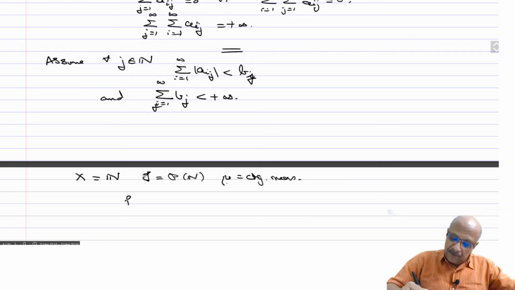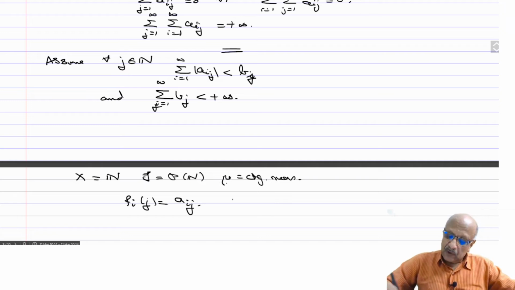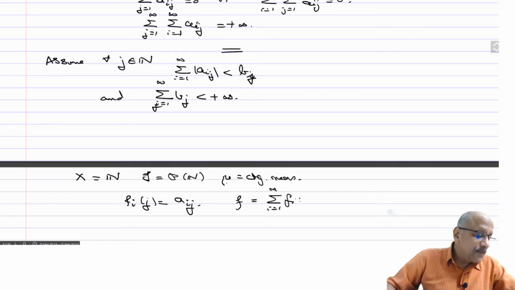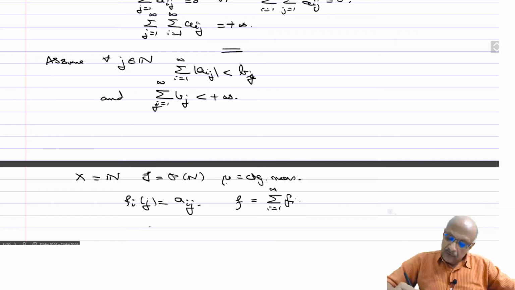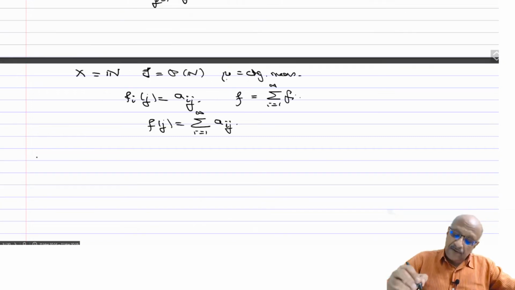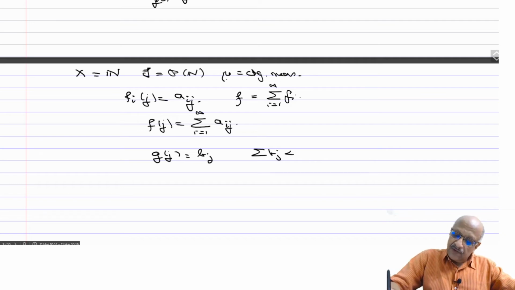Let us take f_i of j equals a_ij, and let f be equal to the sum over i from 1 to infinity of f_i. So f of j is the sum over i from 1 to infinity of a_ij, and define g of j equal to b_j. Then the sum of b_j is finite, and this implies that g is a non-negative integrable function.